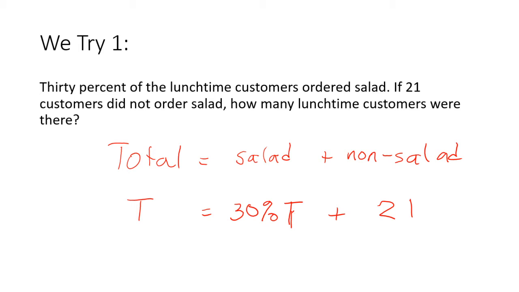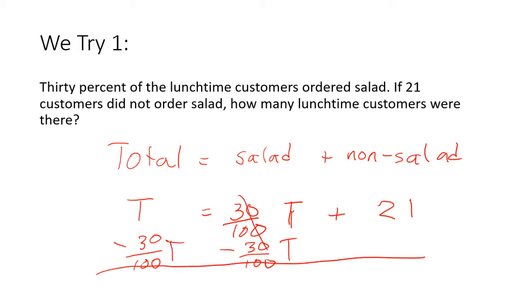So what I want to do is I'm going to first convert my percentage into a fraction. So I'm going to convert that 30%. I'm going to turn that into 30 over 100. Now I can subtract 30 over 100 t from both sides. Those will cancel out. And what will I be left with?